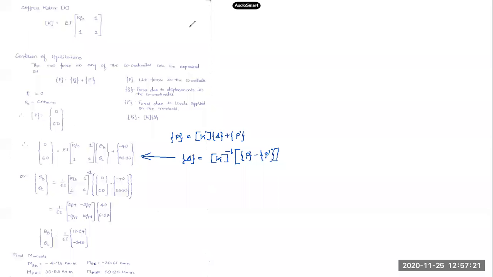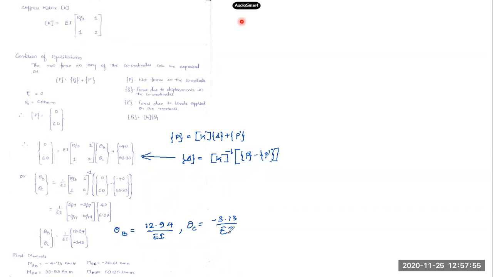Finally, on solving the matrix multiplication, you will get theta B as 12.95 over EI. It is put in the matrix, but if you take up the terms, theta B is equal to 12.94 by EI, and theta C is minus 3.13 over EI.